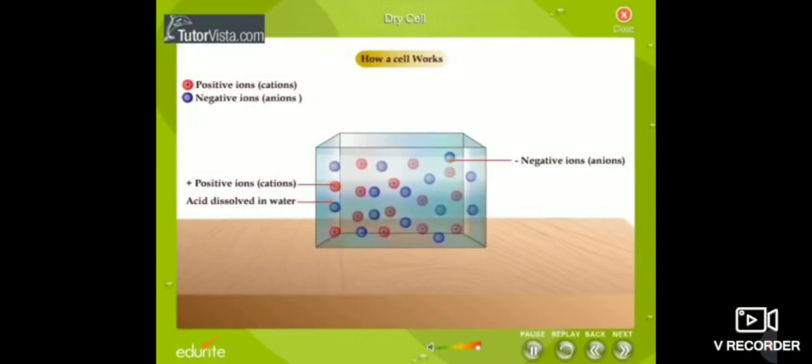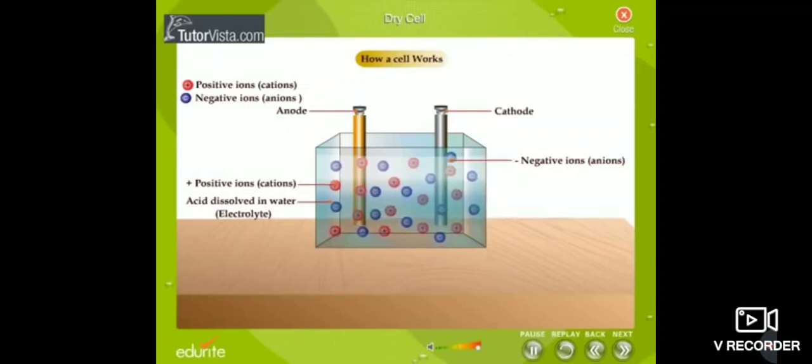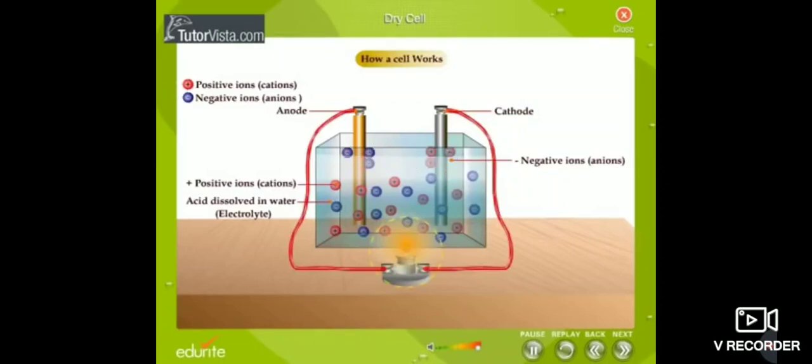These types of solutions form the electrolyte of a cell. Metal rods immersed in electrolytes act as electrodes. The positive electrode is the anode and the negative electrode is the cathode. These electrodes attract oppositely charged ions, resulting in flow of electrons.